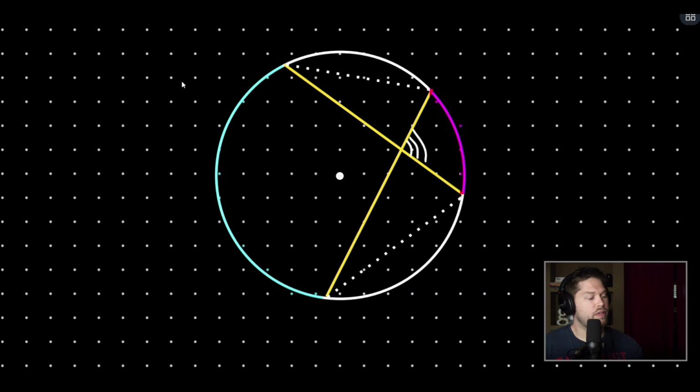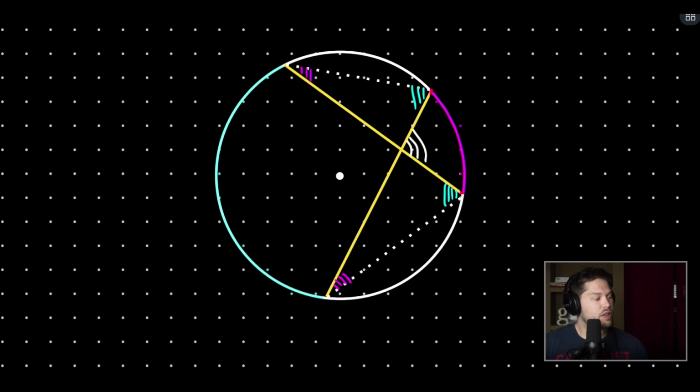I want you to notice that this angle here is an inscribed angle. These two angles are inscribed angles to my blue arc measure. And these two smaller angles are also inscribed angles, but to the purple arc measure.